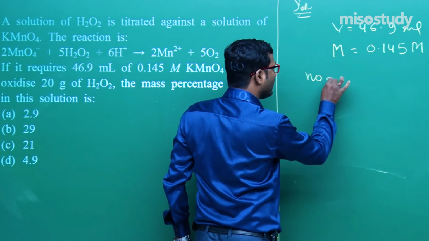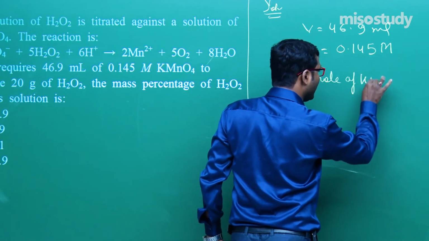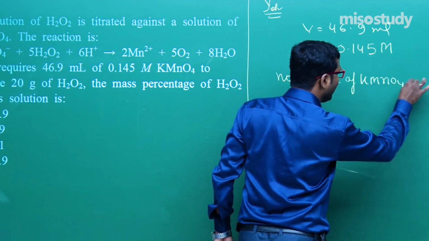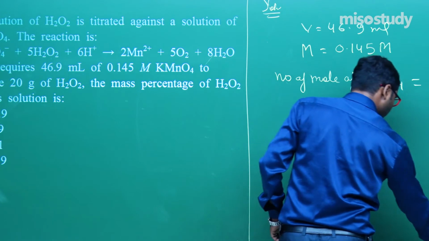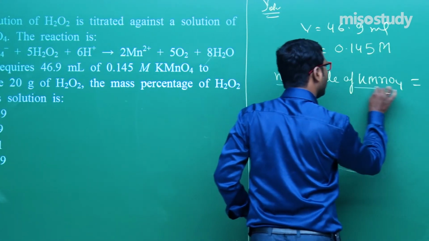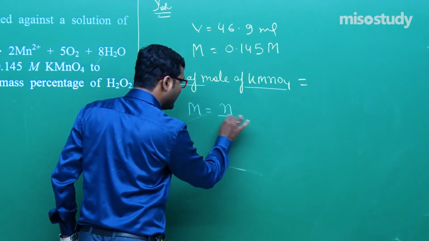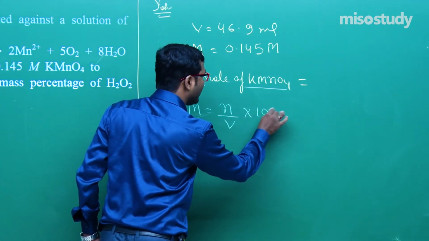So the number of moles of KMnO4. As we know, molarity is equal to n by V multiplied by 1000.